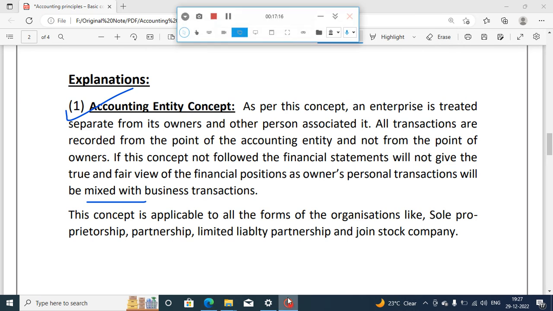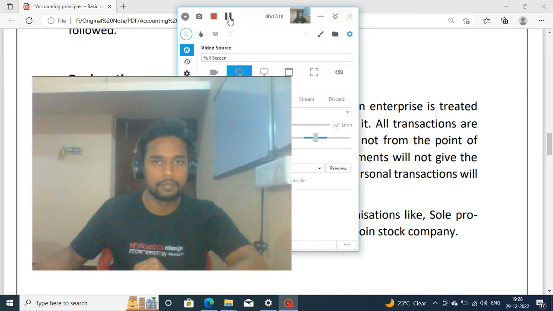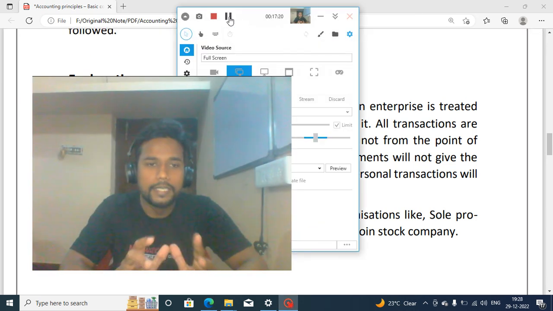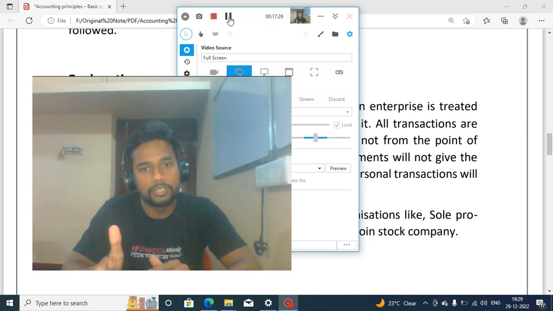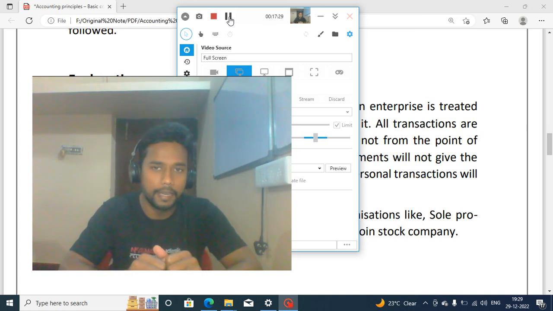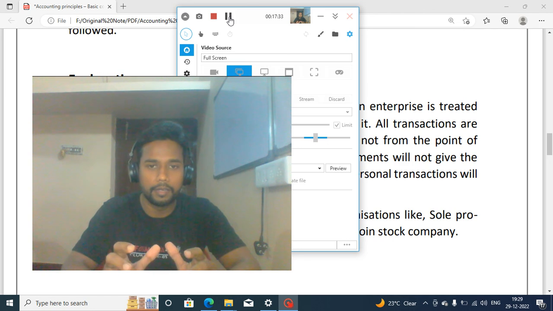So the business entity concept explains that the business and its owners are two separate entities. Transactions should be maintained from the viewpoint of the business, not from the viewpoint of the owners. Why is it so? Because it is a basic assumption.